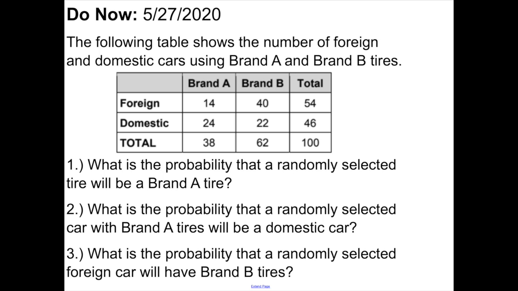What's the probability that a randomly selected tire will be a brand A tire? Notice it says a randomly selected tire. There are essentially 100 tires that I could have chosen from. Of those, 38 are brand A tires. So that represents about a 38% chance.